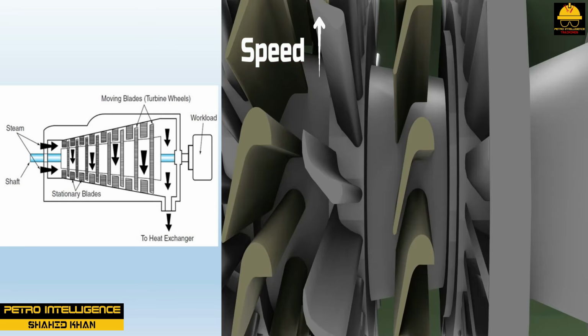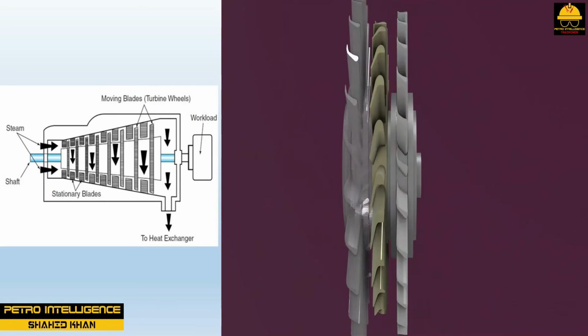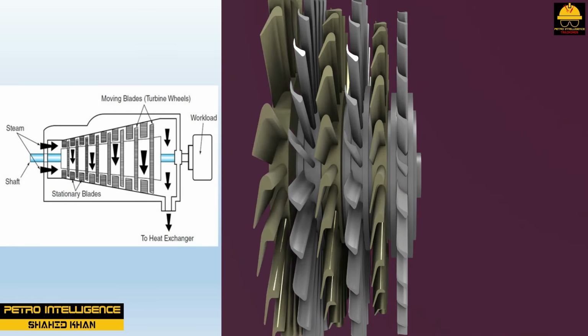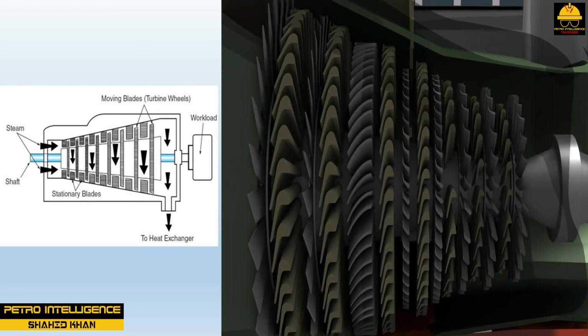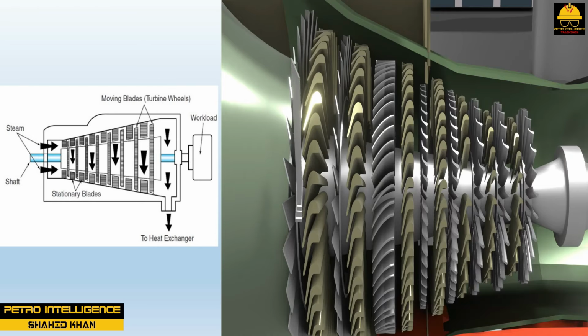As high-pressure steam enters a turbine, it passes through a device called a nozzle. Nozzles restrict the flow and increase the velocity of the steam. The nozzle directs this high-velocity steam against the blades of a paddle wheel, causing it to rotate. As the steam passes through alternate sets of fixed and revolving blades, it constantly expands as it moves along.